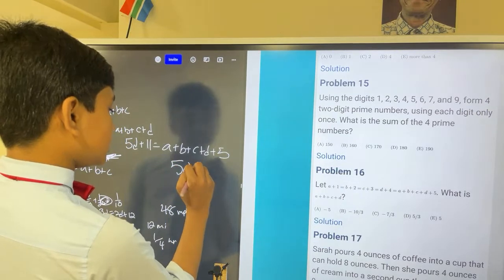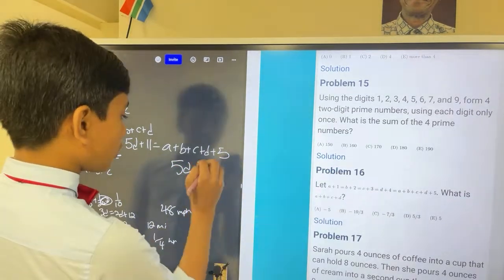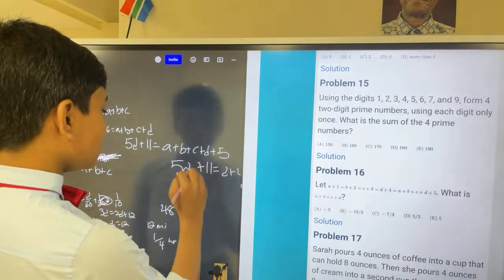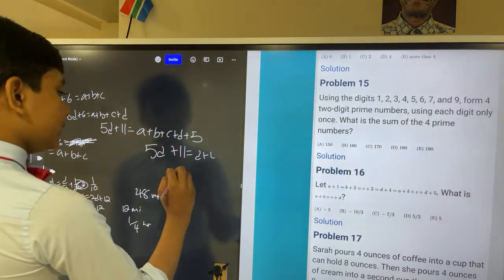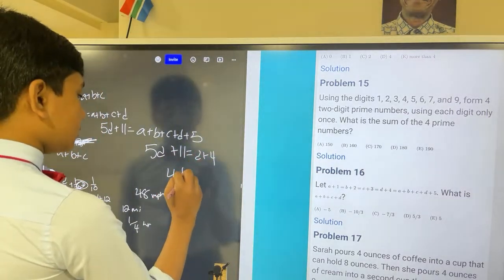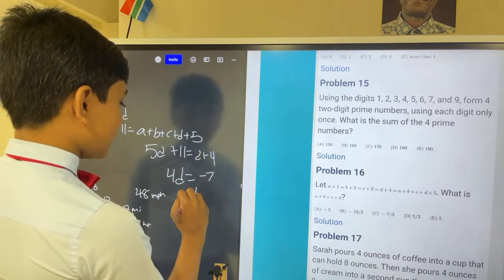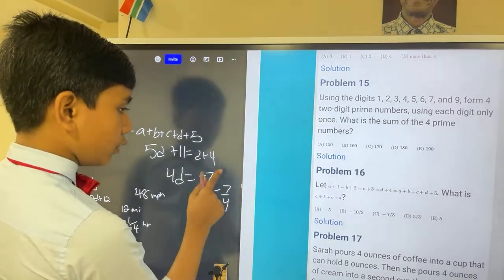So 5D plus 11 equals D plus 4. So that means 4D equals minus 7, so D is minus 7 over 4.